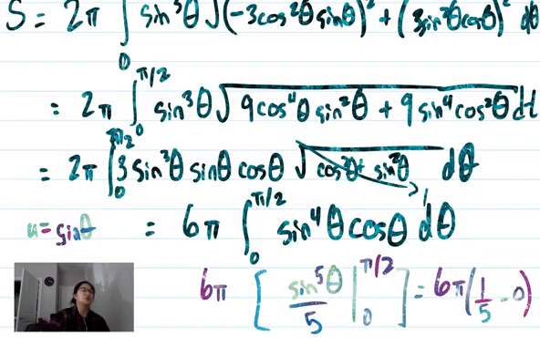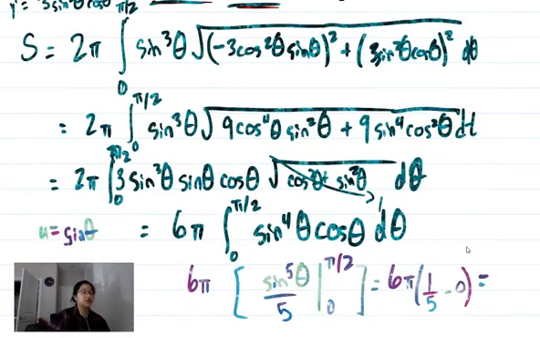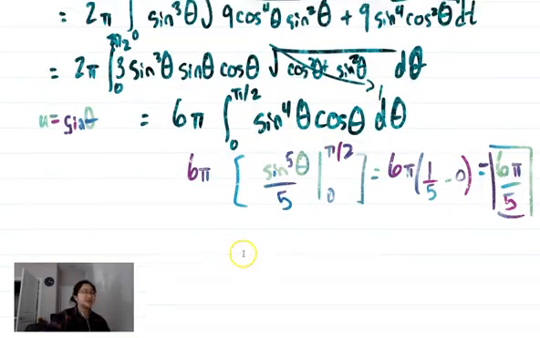So we end up with 6 pi over 5 as our surface area. 6 pi over 5. Let me check that to make sure that's right. Whew, yes, it was correct.